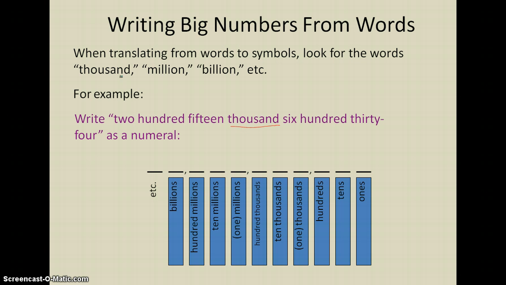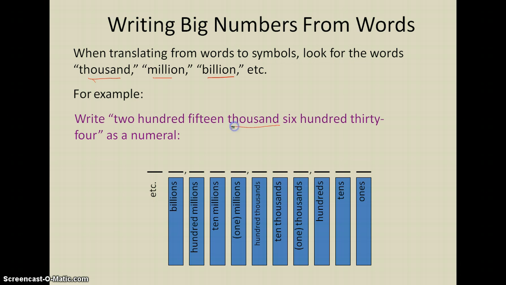And so those are going to be words like thousand, million, billion, etc. And those are going to help me break up this long word name into sections so that I can more easily write the number. Now, what would make this a whole lot easier would be if this word name had commas in it. And oftentimes you will see the commas, but we're going to look at some examples where there are no commas and how you can deal with that.